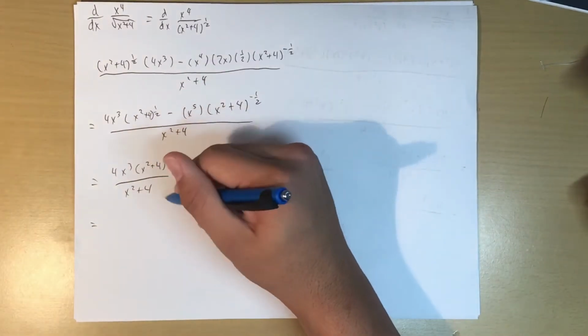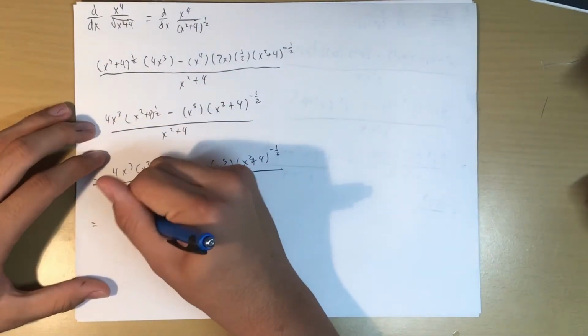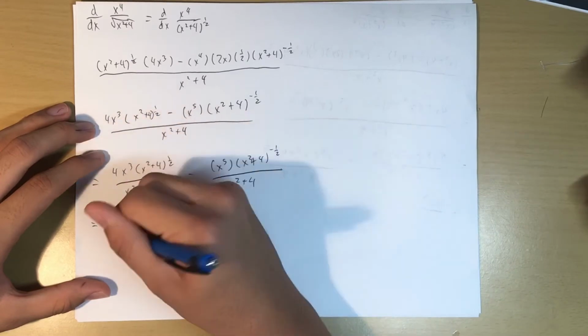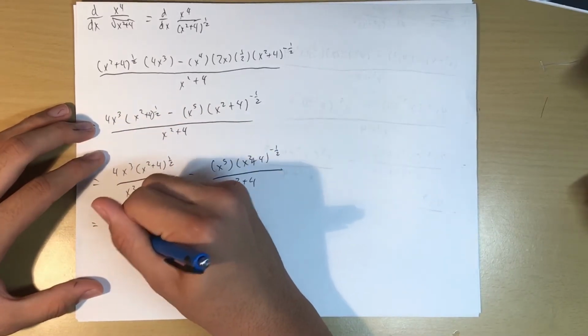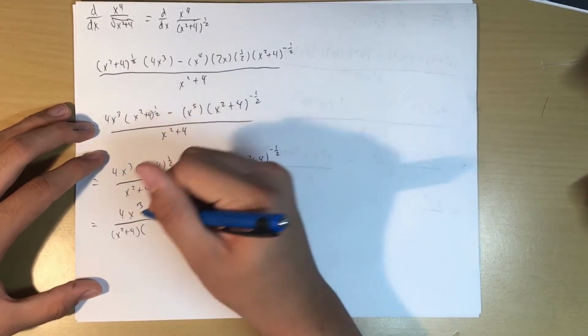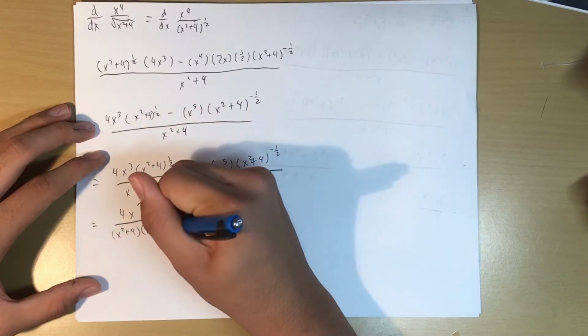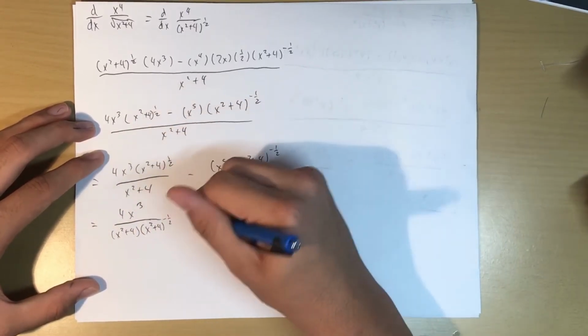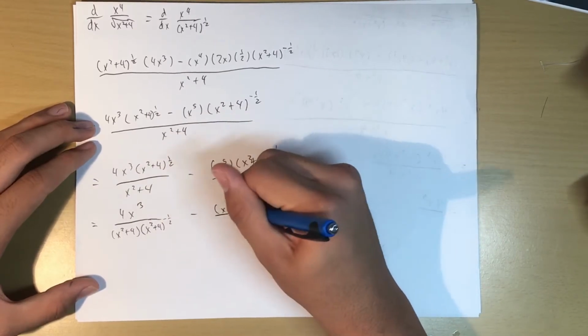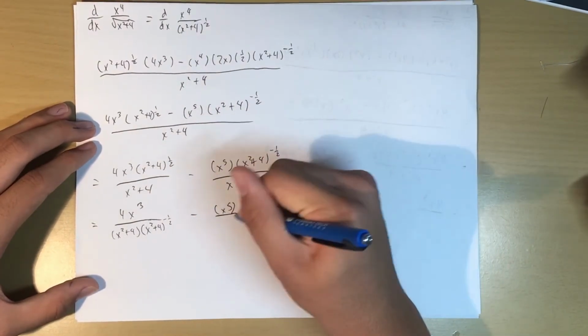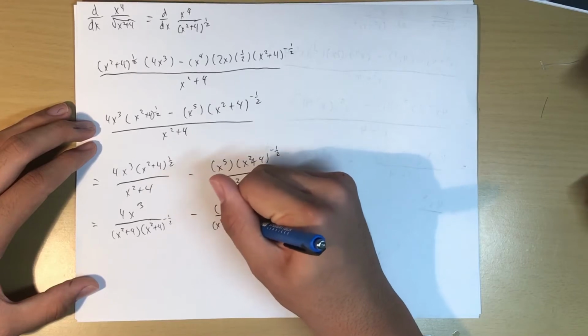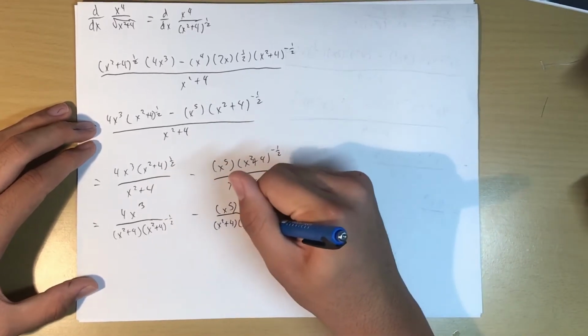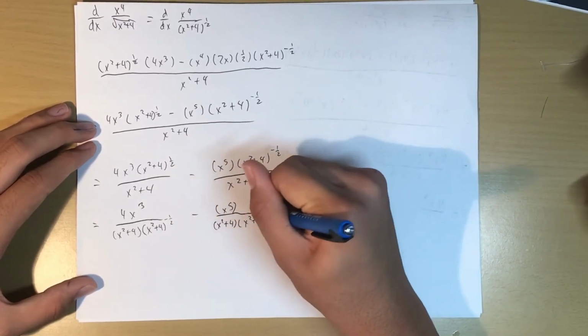Now we just bring this quantity to the bottom, making it 4x to the third divided by x squared plus 4 times x squared plus 4 to the negative 1/2 power. And then we do the same for this, so x fifth divided by x squared plus 4 times x squared plus 4 to the 1/2 power.